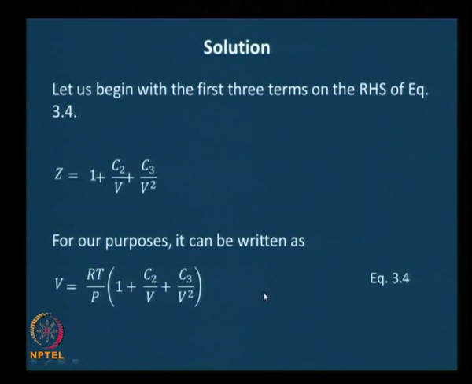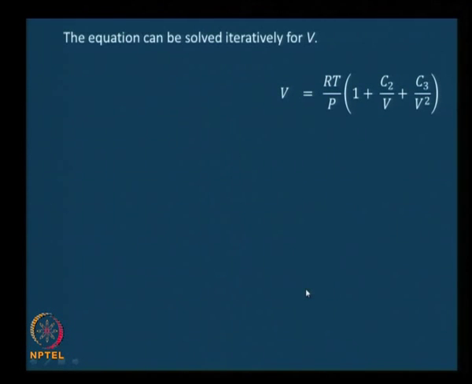Let us call this equation 3.4. I will check the numbering in a little bit. It is pretty much the same, with just the 3 terms taken. This is the equation, and this can be solved iteratively for V.